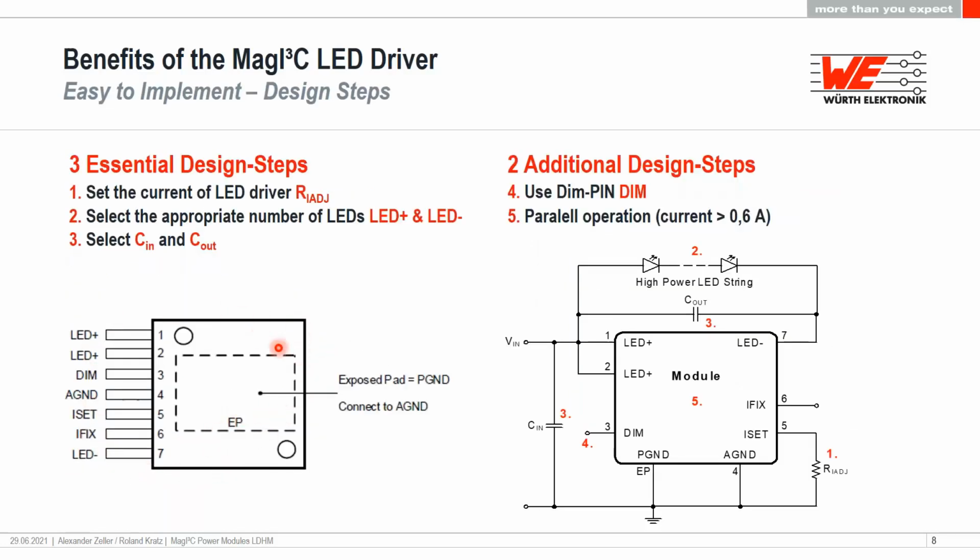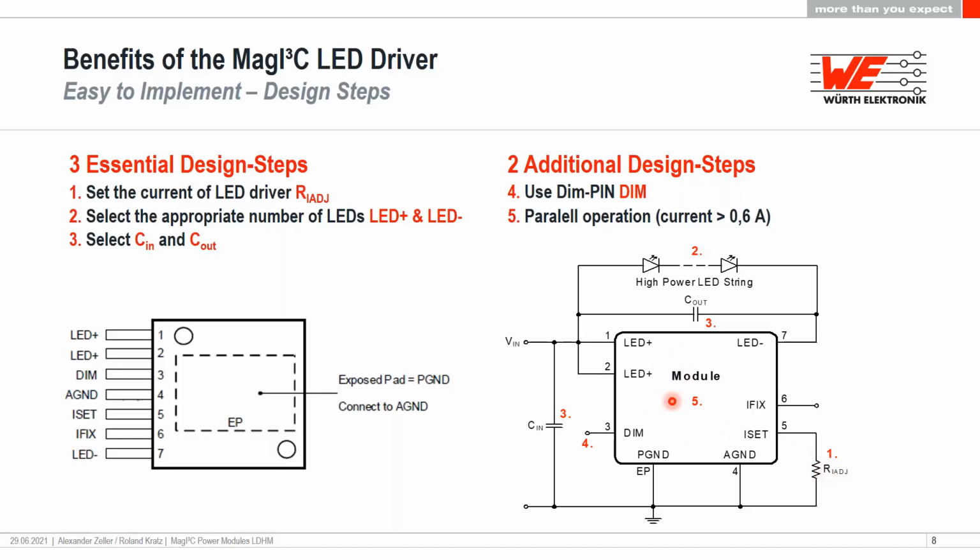Here you see the backside, and the design steps are quite easy. Set the current for the LEDs, this means the DC current. This can be done by the value of the resistor connected between the ISET input and the ground. The resistor value defines the current within a range from 300 to 405 milliamps.